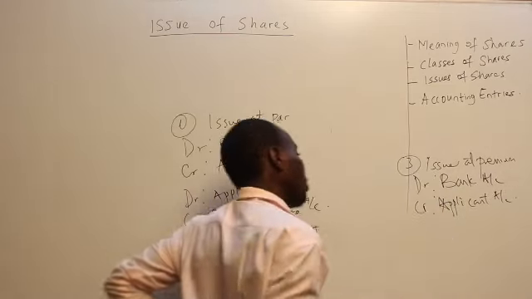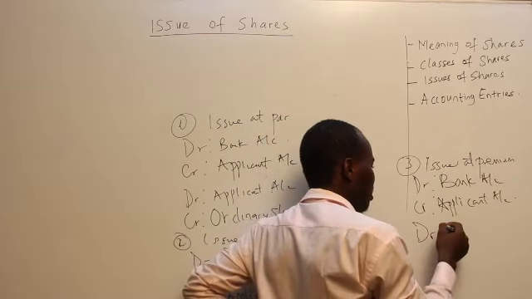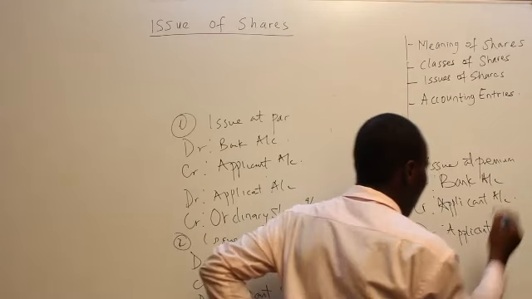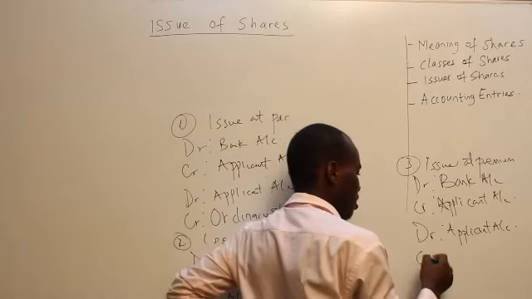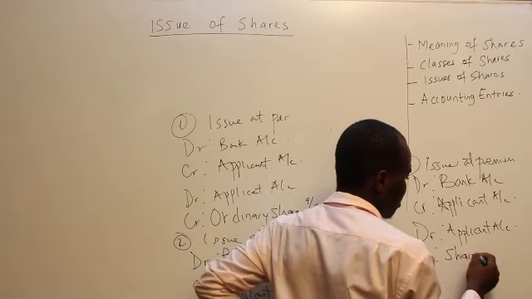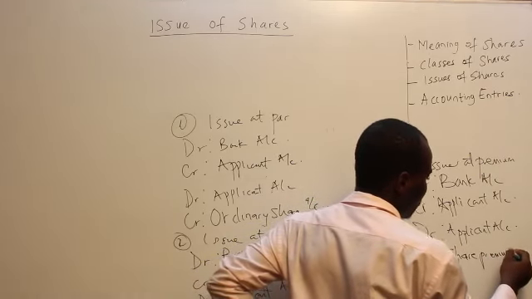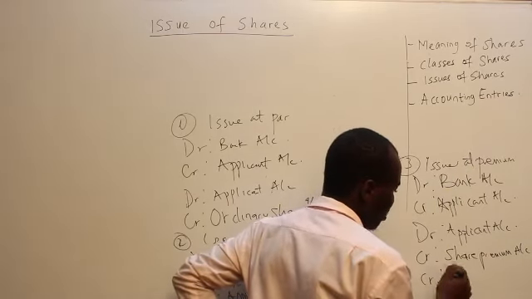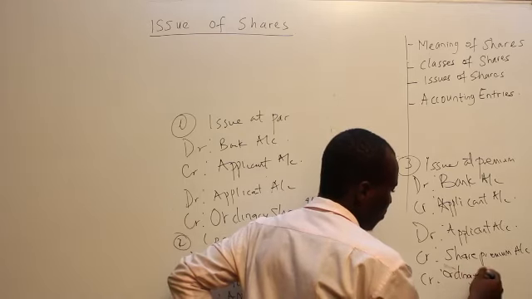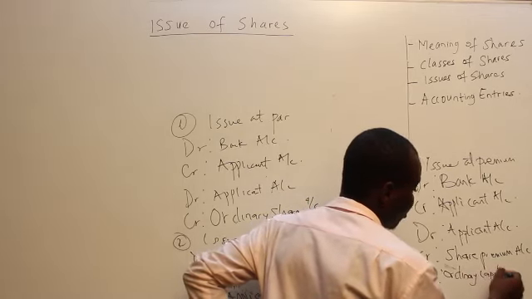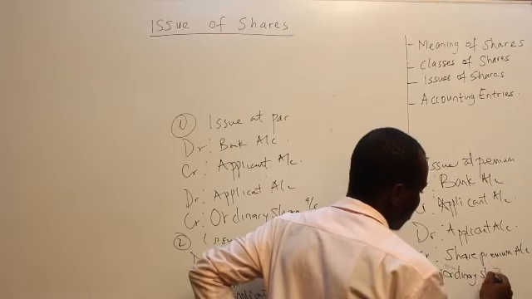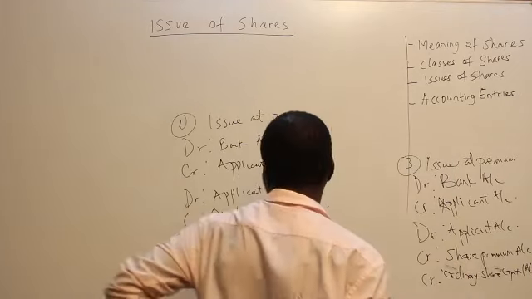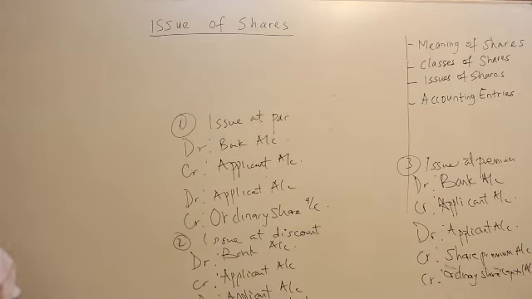Now if the share is finally issued to the applicant, we debit the applicant account, just like in the other methods, and we are going to credit the share premium account and credit the ordinary share capital account. So that is all about the accounting entries with issue of shares on application.